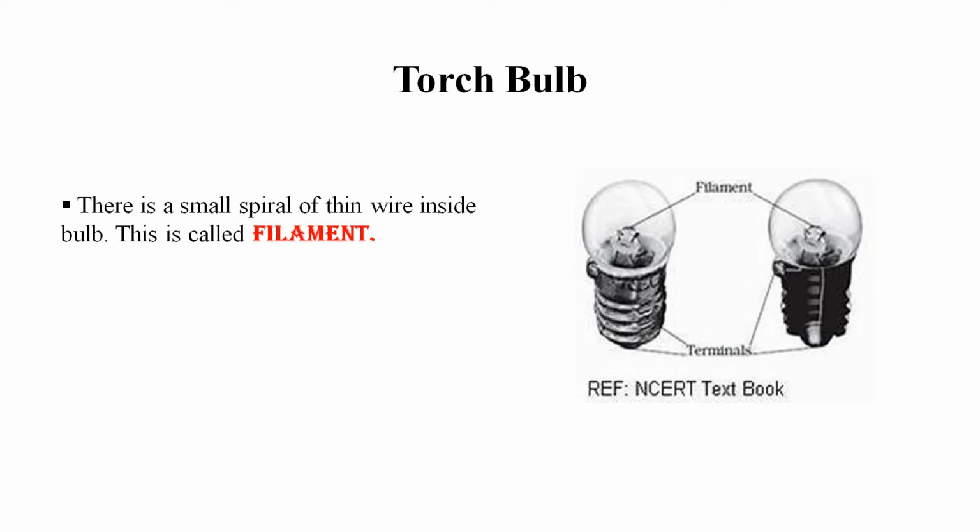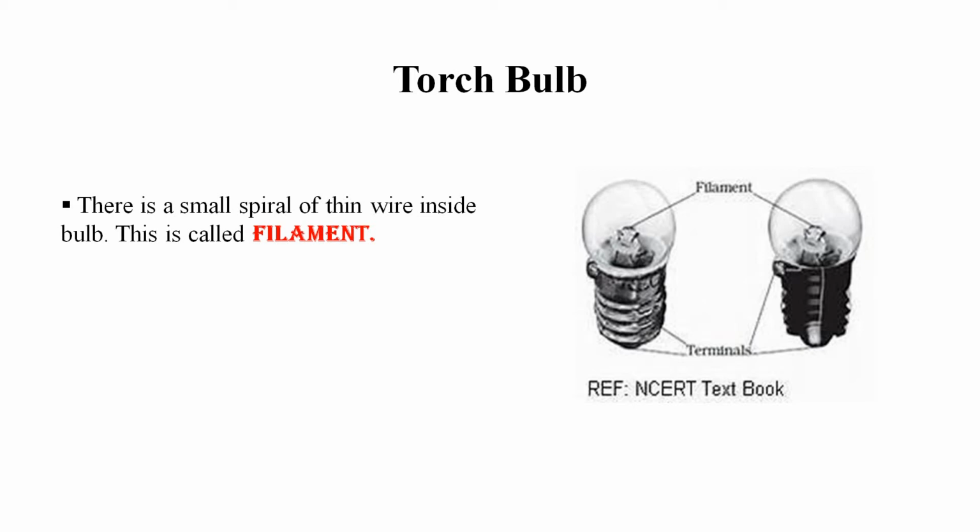This is called filament. Students, the filament is attached to two slightly thicker metal wires. These wires support the filament. One of the two wires is connected to the base of metal casing. Another wire is connected to the side of the metal casing.